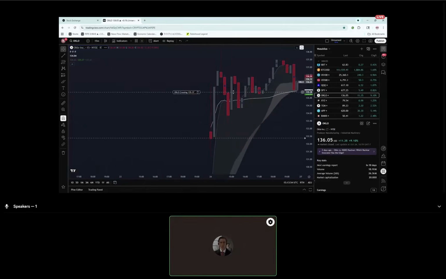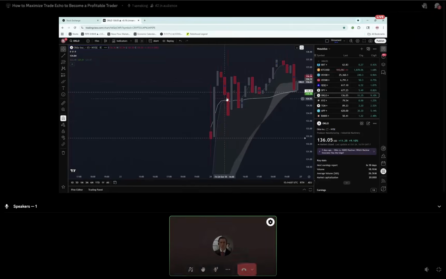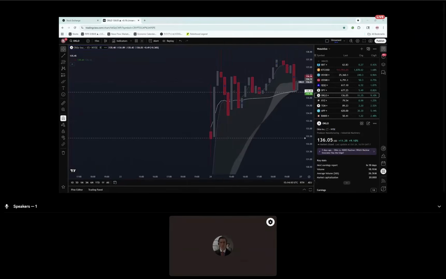So I'm alerted that this is approaching VWAP and I have to keep an eye on it. And then that's when I can have my stop loss ready, my contracts ready to sell in case this breaks below VWAP. Did that answer your question, Fantasy?